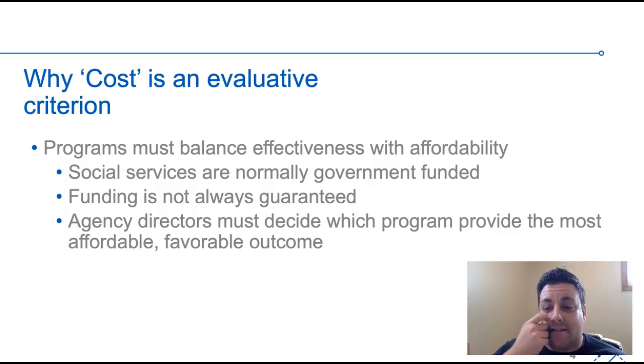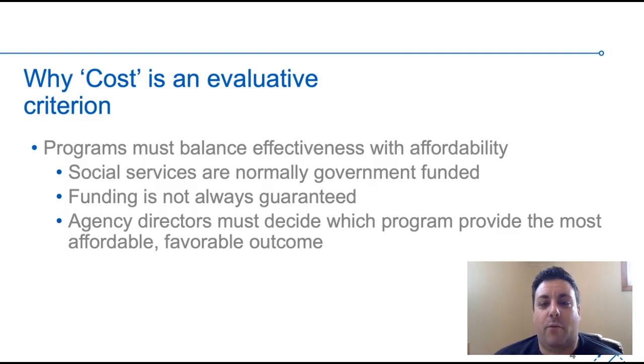Now, my sense is that in a truly ideal world, programs would always be highly effective and cost a very small amount of money. So there would be a real benefit relative to cost.